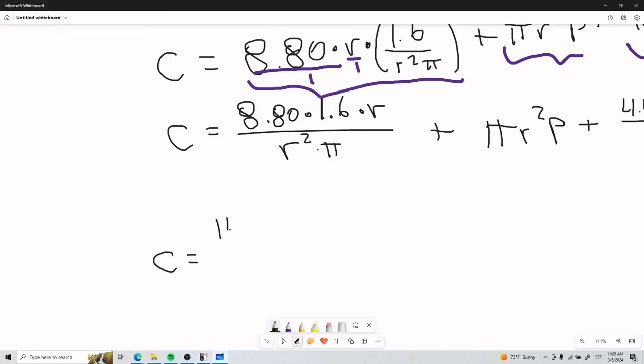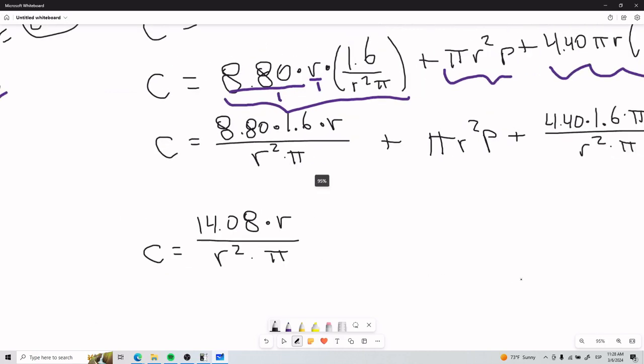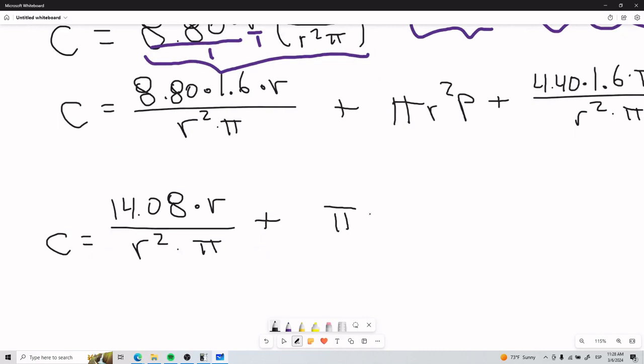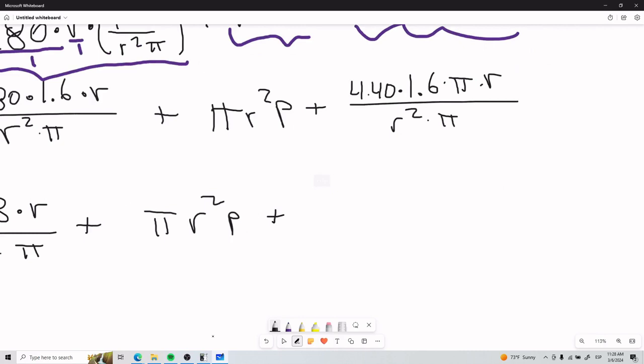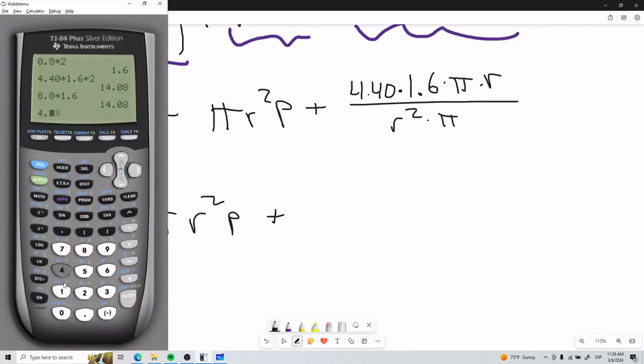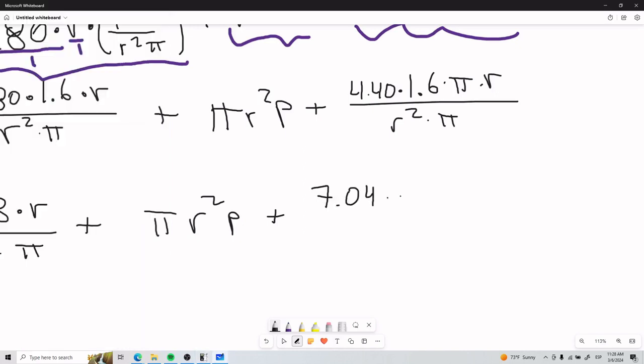So that gives me 14.08 times R divided by R squared times pi. Here in the middle, pi R squared times P does not change. And here on the right side, I end up with 4.4 times 1.6. So a little bit different. 7.04 times pi times R divided by R squared times pi.